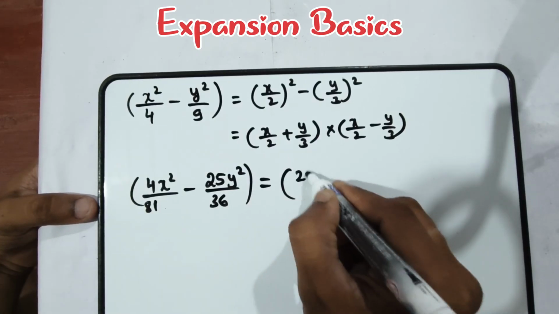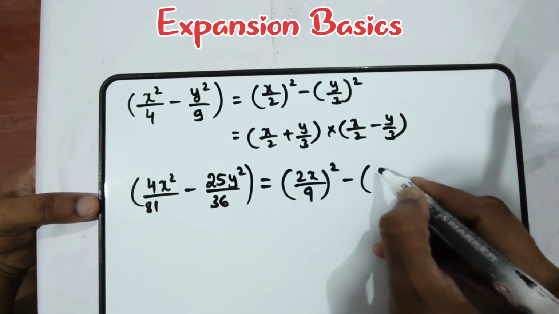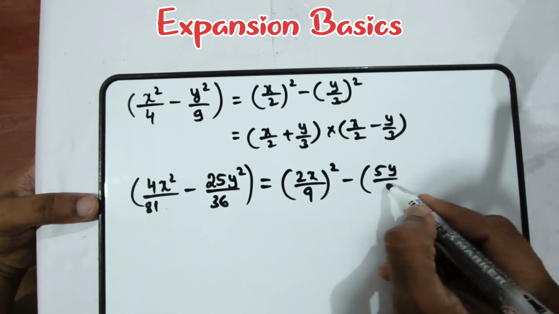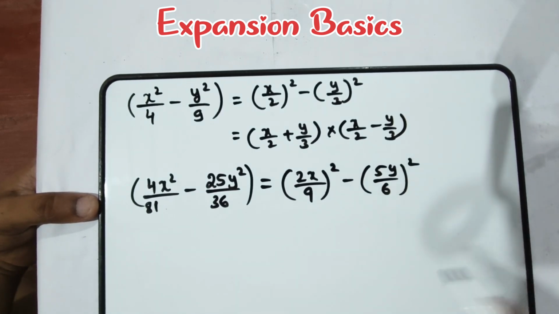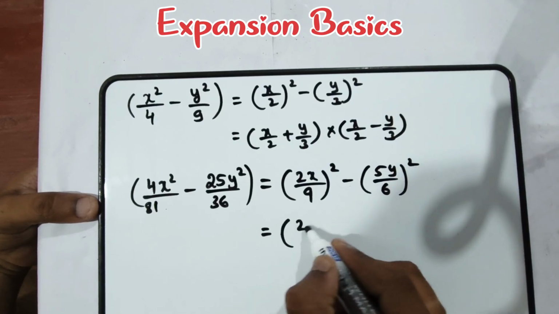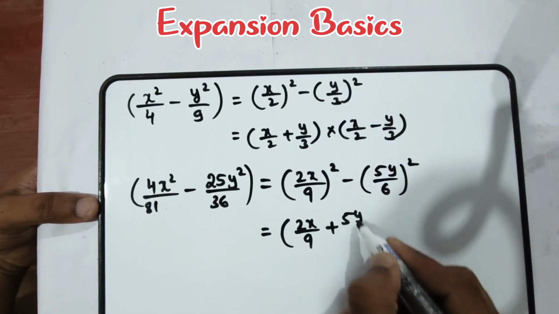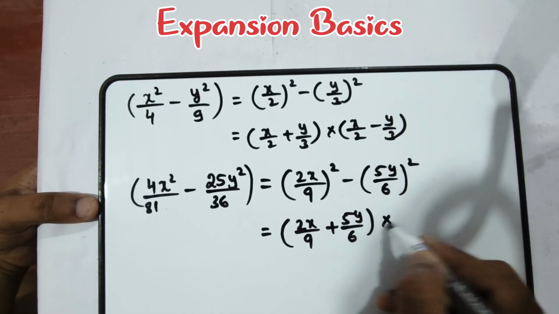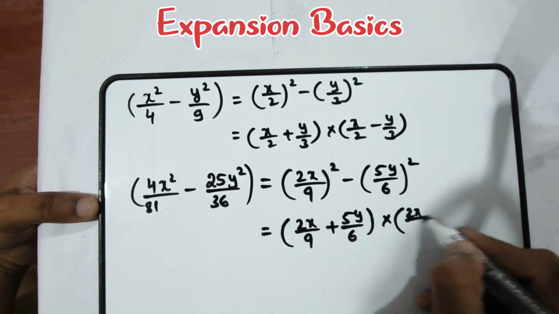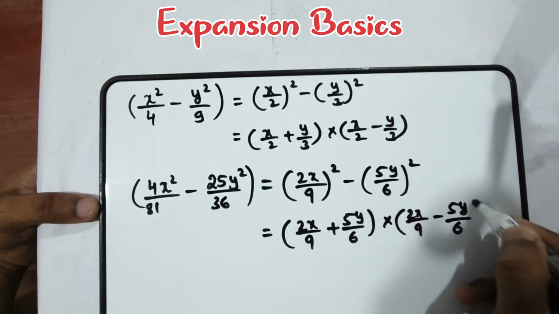That is 2x by 9 bracket square minus 5y by 6 bracket square. Again it is looking like the formula a square minus b square, that is 2x by 9 plus 5y by 6 into 2x by 9 minus 5y by 6.